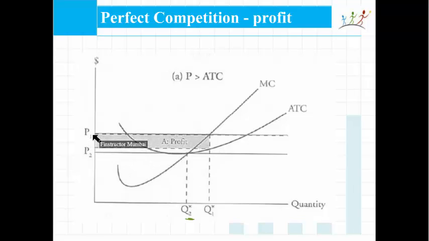This has happened because there is severe shortage in the production. The marginal cost curve still remains the same. The average total cost curve still remains the same.